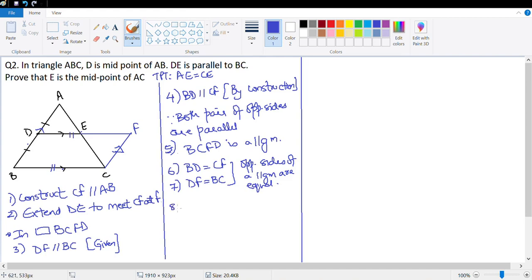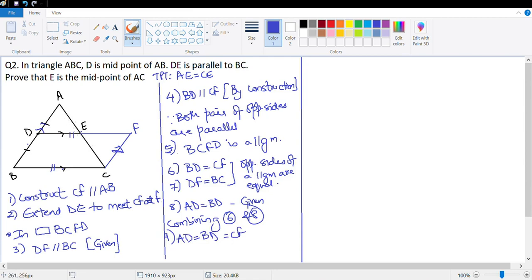Number 8 is AD is equal to BD. Why? This is given. So combining 6 and 8, what do I get? That AD, BD and CF are all equal. I get AD is equal to BD is equal to CF. That's my number 9. So I've already put this single line here, single line here.